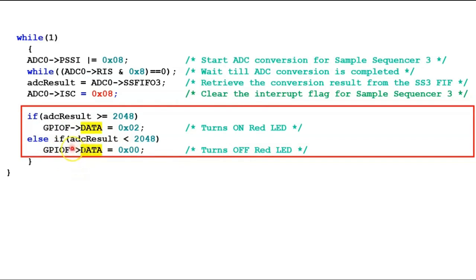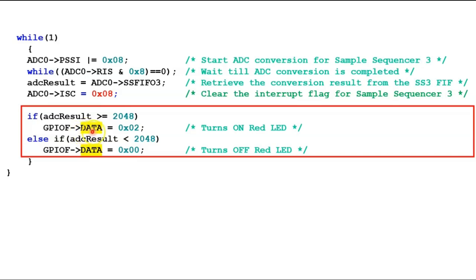Now, in this statement, GPIOF is a pointer to the GPIO_TYPE structure as seen earlier. Data here is a register, or member, within the GPIO_TYPE structure, and the arrow operator is used to access the member.